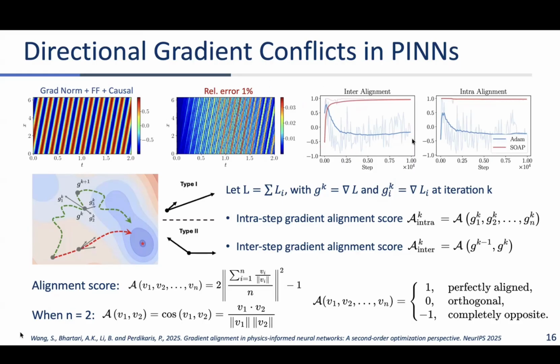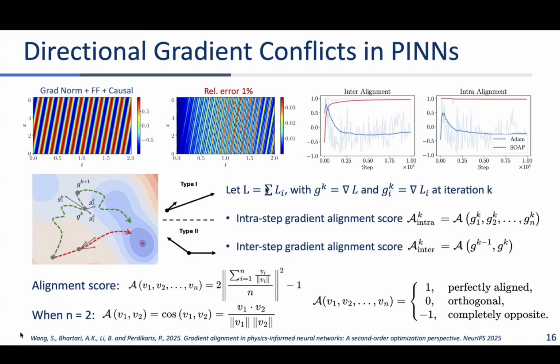However, in contrast, if we replace Adam by SOAP, another optimizer I will discuss in the next slides, this time the alignment scores maintain a value of 1 throughout almost the whole training process. This also indicates that the issue of directional gradient conflicts is resolved by this optimizer.